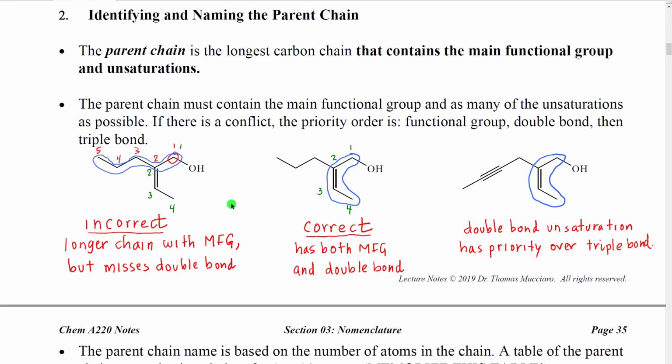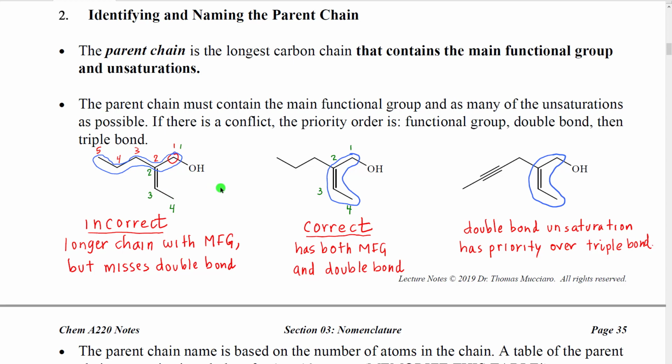In this first example, I have already numbered the two possible chains. Starting here, we could go 1, 2, 3, 4, 5. That would be a 5-carbon chain. If we look at the green numbers, starting here, we could go 1, 2, 3, 4.